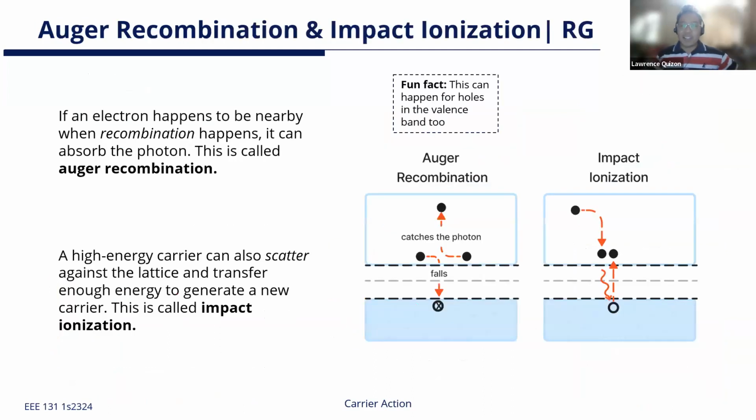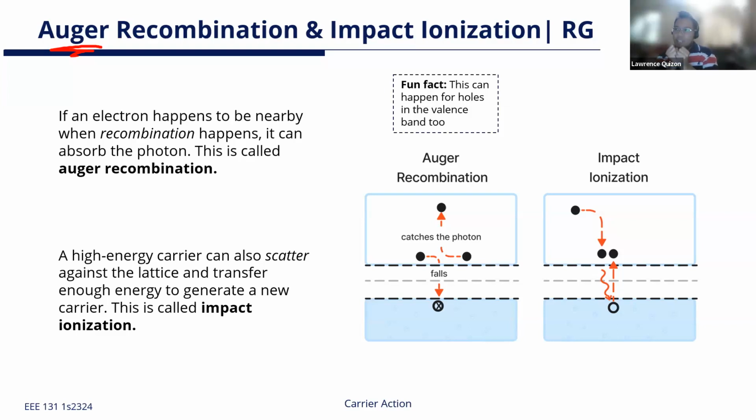Anyway, next. So Auger, pronounced as OJ, recombination. Imagine I had two electrons and they bump into each other. What essentially happens is the electron transfers its energy to the other electron, and one of the electrons gets promoted. It gains energy and goes up.